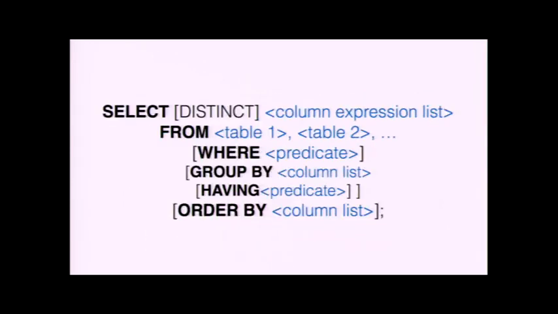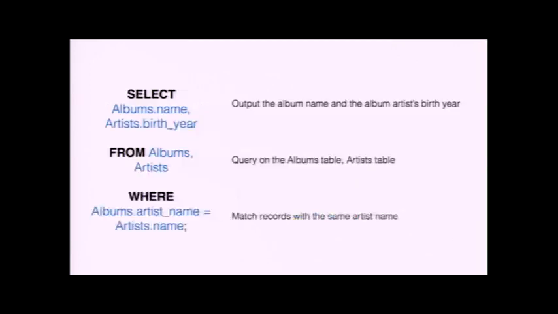The gist of it is you have a select clause where you're selecting the columns out of a table or multiple tables, and then you can apply functions on these columns. You can apply aggregators like sum, count, and then you have to select what tables you're doing it from, and add some predicates. You can group by things, order by things, and hopefully this is review.